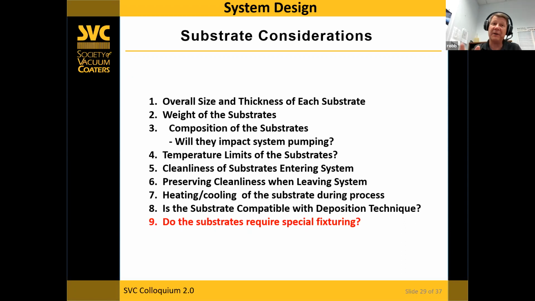These are vital pieces of information that you need to convey to whoever's going to design and build your system: my substrates weigh a ton. That impacts how things are moved within the vacuum system, how they can be handled, how they can be heated, how they can be cooled.